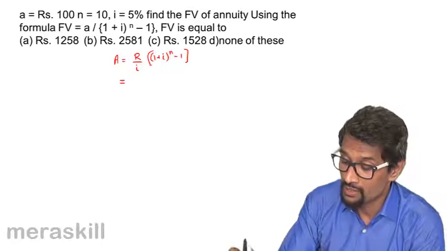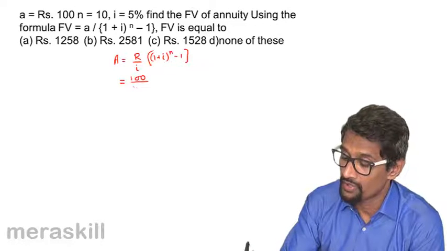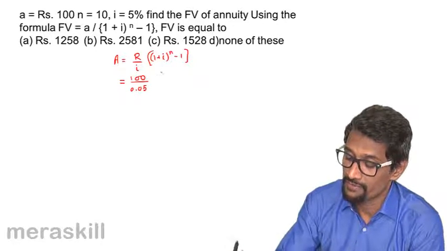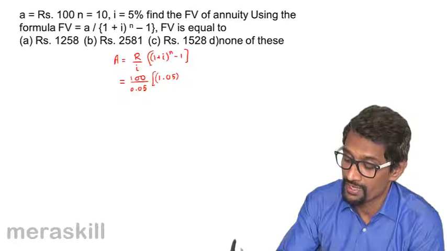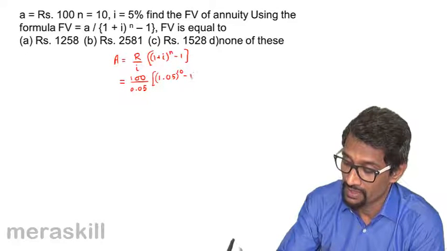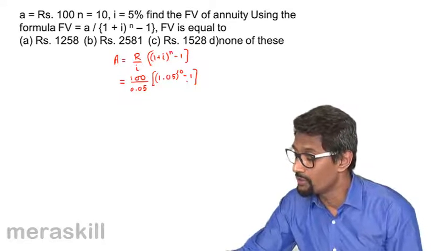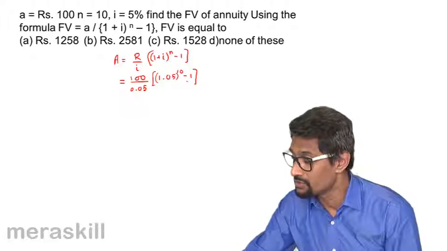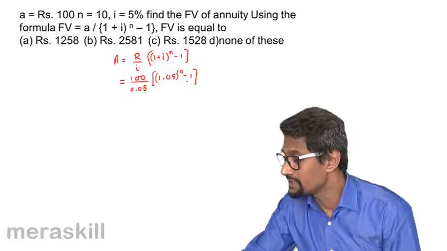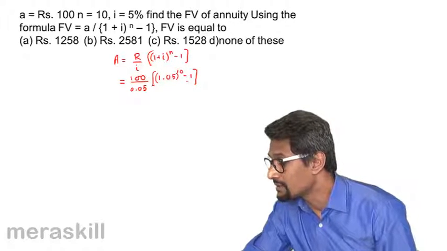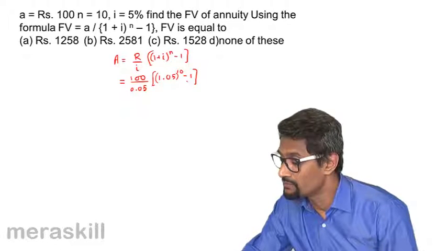So R upon I, R is of course 100, upon rate is 0.05, into 1 plus 0.05, that is 1.05 raised to n, that is 10, minus 1. So this is what we need to find. How do we go about doing? 1.05 into twice, 3, 4, 5, 6, 7, 8, 9, 10. So it is 1.62 whatever minus 1.